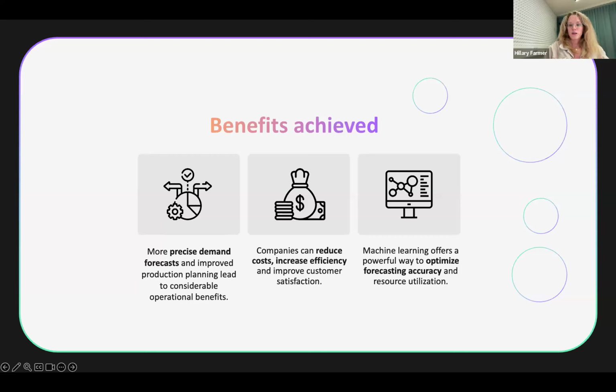With better forecasts, companies can optimize their resources, reducing unnecessary costs. And then we also have optimization of forecasting accuracy and resource utilization. Machine learning plays a crucial role here. It allows businesses to leverage advanced models that provide highly accurate predictions, and these models optimize resources, making the entire production and supply chain more efficient.